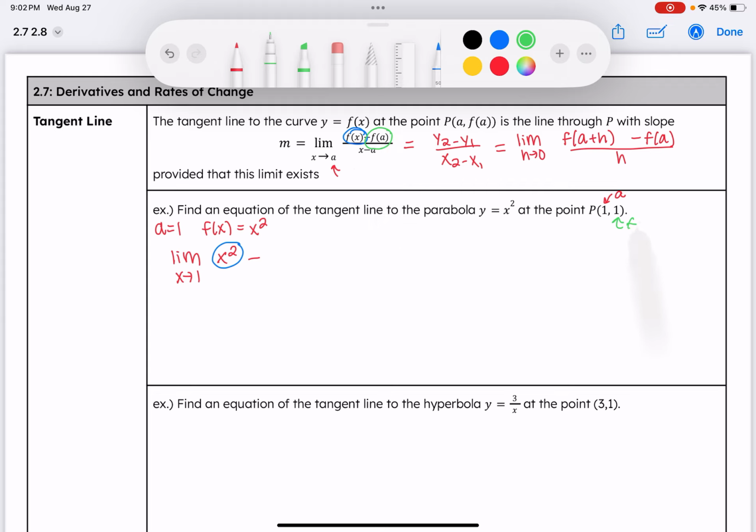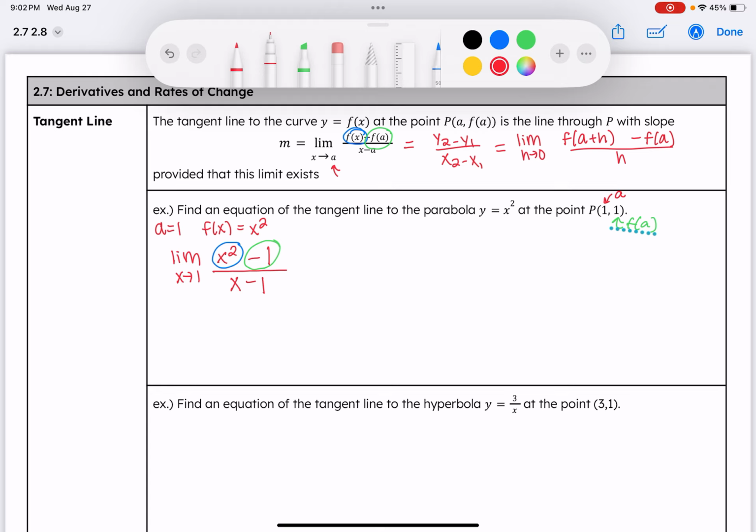Well, in this case, it is also a positive 1. All right, so we have x squared minus 1. Again, that is coming from f of a over x minus a. Well, we don't know what x is. That's just going to be our variable. Minus a in this case. Again, we are approaching that positive 1.